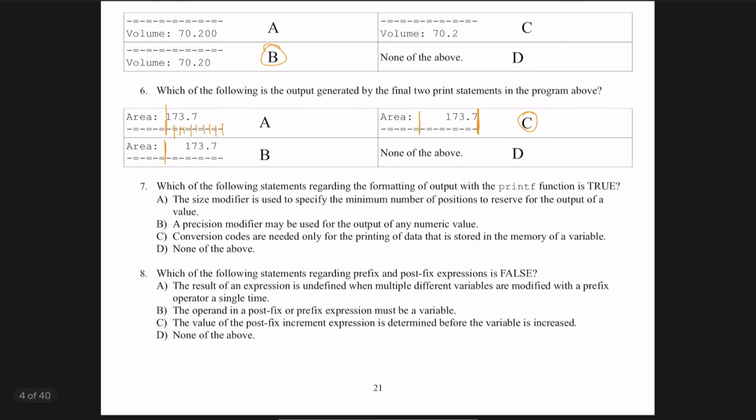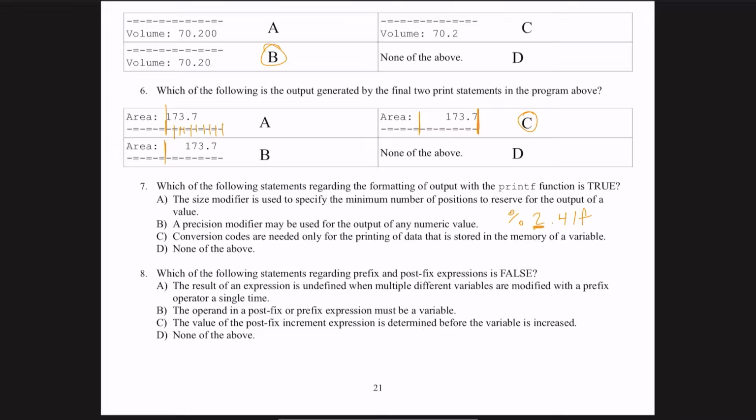Question 7. Which of the following regarding printf is true? A. The size modifier is used to specify the minimum number of positions to reserve. Well, as we just talked about in the last question, that's going to be the width modifier that's determining the number of spaces. So with our format specifier, we have something like this.